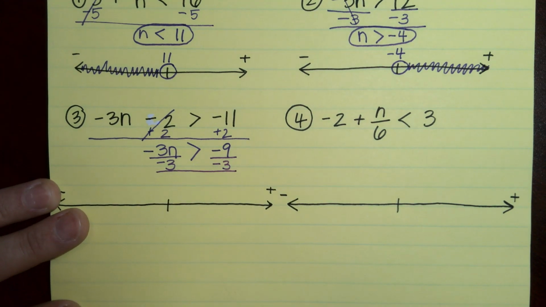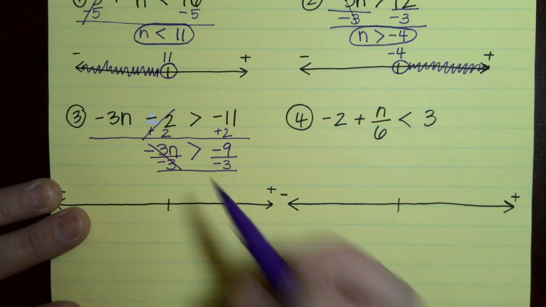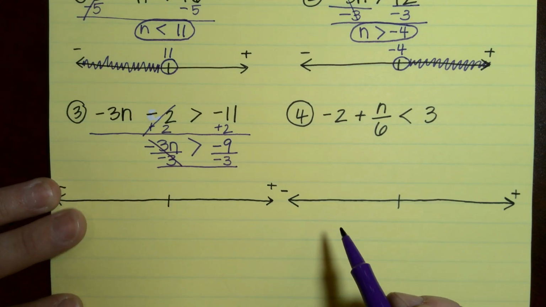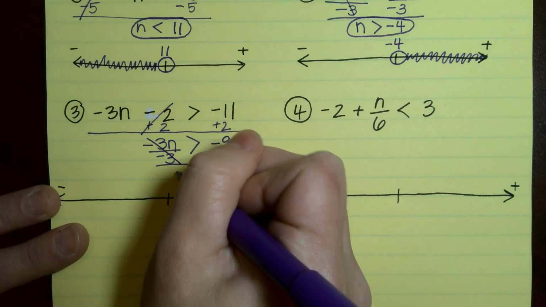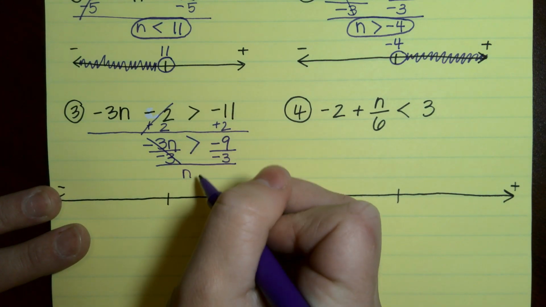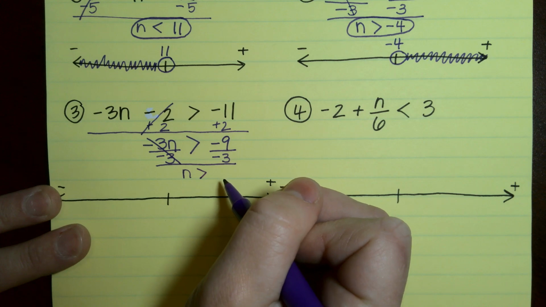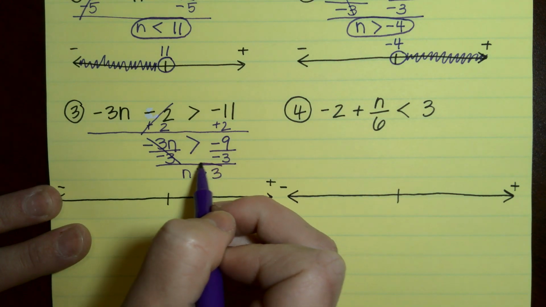Now we get a positive. Yeah, a negative divided by another negative is going to give us a positive answer. Those negatives cancel. So my final answer, simplified inequality here, is n is greater than what? Plus 3. 3. N is greater than 3.